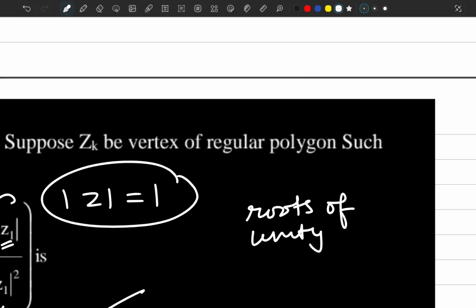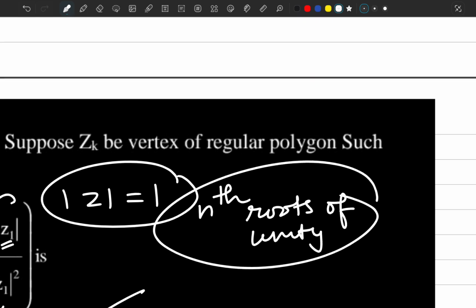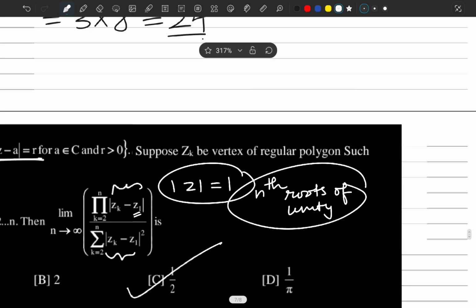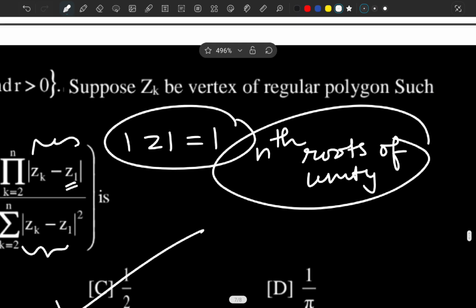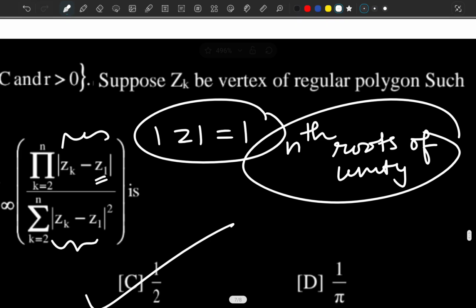And roots of unity, because distance is not subjected to rotation. Okay, length, yes, length.